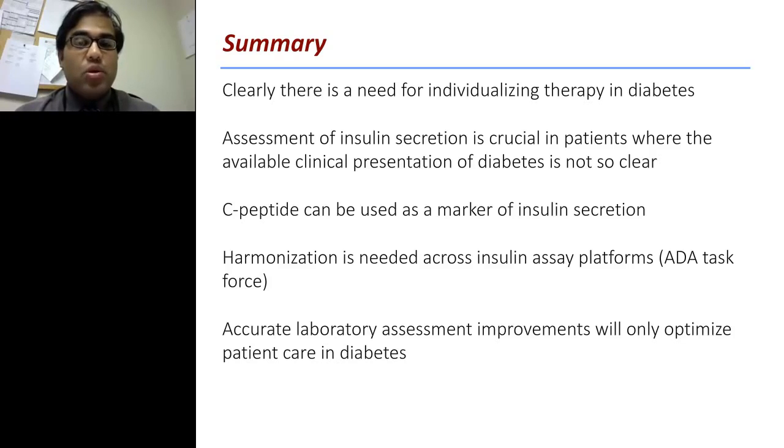Unfortunately, even though we have large-scale evidence that shows the levels correlate with downstream events, it's still hard to recommend that at a population level. But clearly, the C-peptide level has an active role, and we utilize that on a day-to-day basis when we're trying to assess endogenous insulin secretion in individuals with diabetes.